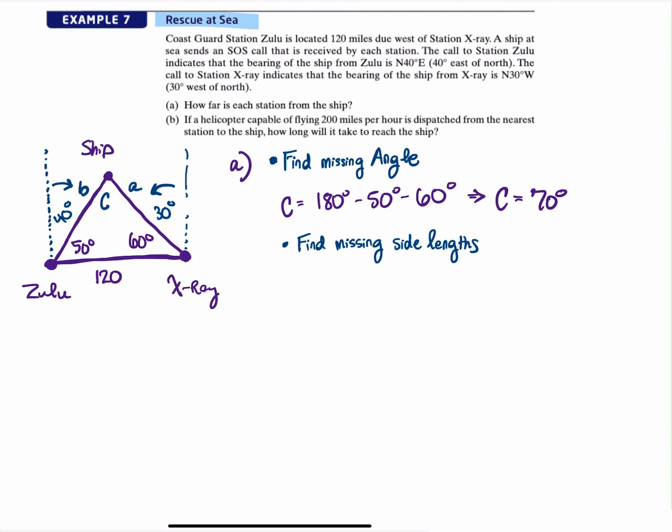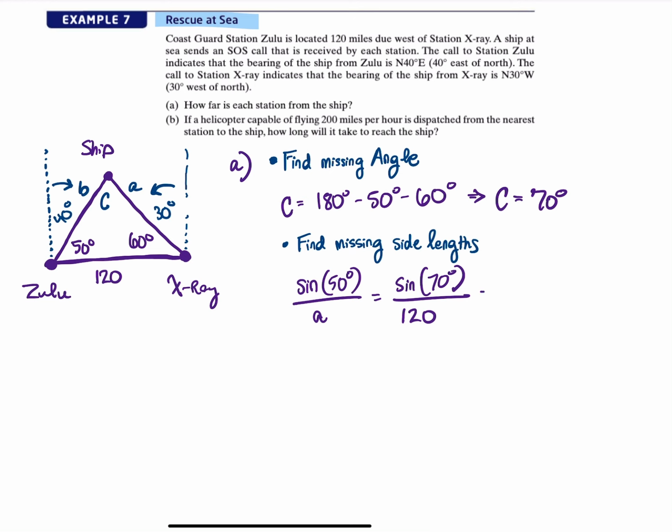All right, so let's find our missing side lengths now. So I can use the law of sines. Let's relate two angles, like let's relate the 50-degree angle and our 70-degree angle. I can say the sine of 50 degrees divided by the length opposite of that, which is our missing side length A, should equal the sine of 70 degrees, that's our C angle, divided by 120, because we know that side length.